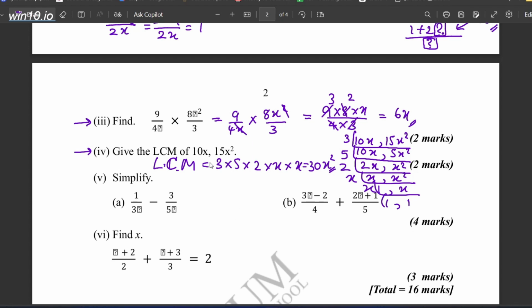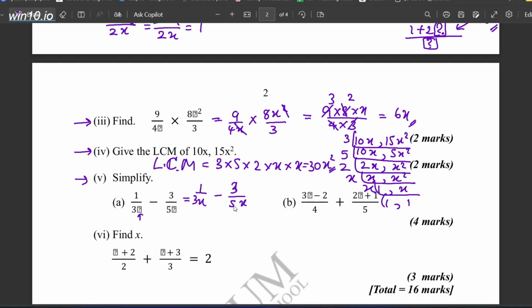Okay, then in the fifth one, they ask us to simplify. I'll think of this question mark as a variable like x. So we have to simplify 1 over 3x minus 3 over 5x.